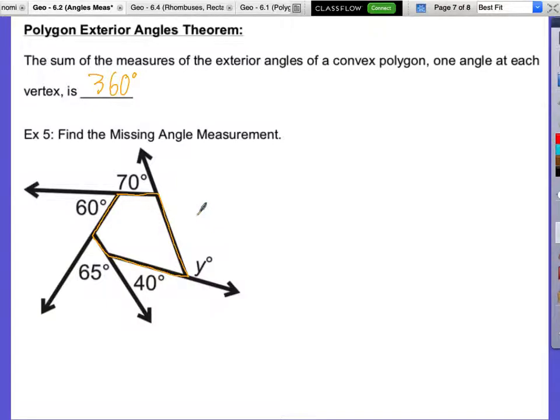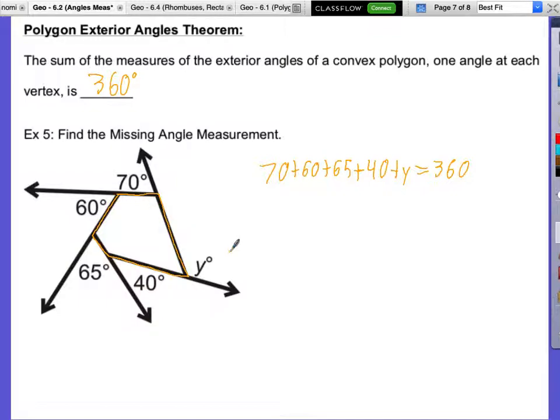Very good. So what kind of equation can we set up? Can somebody help me, Gracie? Add all of them. Okay. So how would our equation look like? 70 plus 60 plus 60 plus 5, plus y equals 360. There we go. We add up all 5 angles to give us our sum of 360.